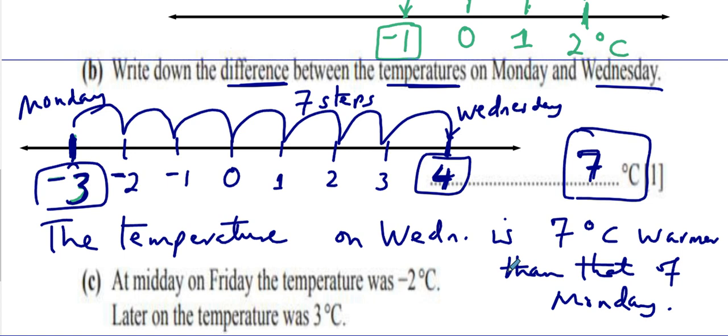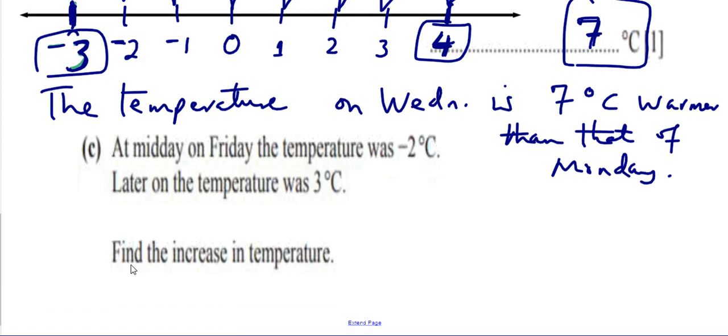See that? That is what it means by saying the difference between temperatures is 7 degrees.